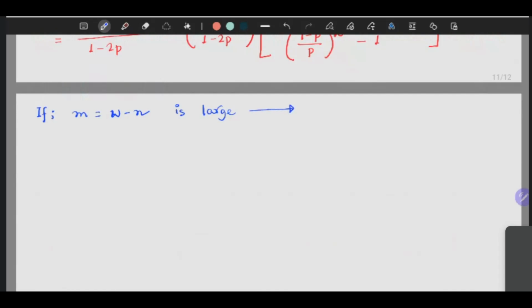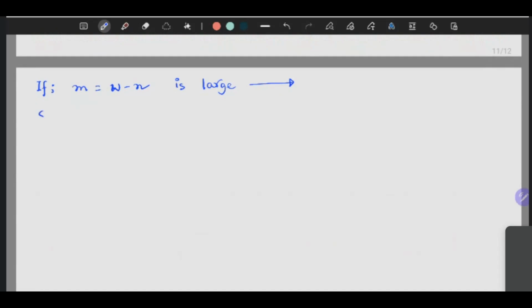If it is large, then since p is less than half, 1 minus p by p is greater than 1.